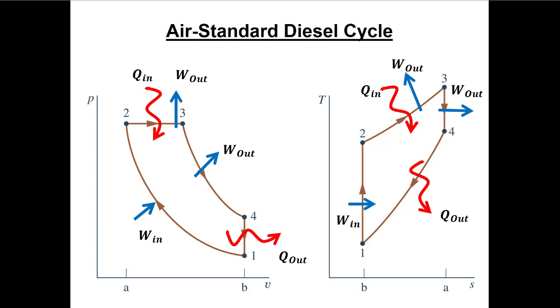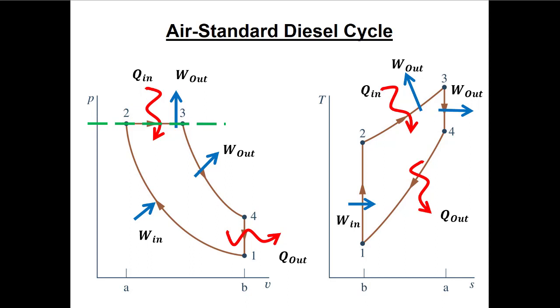So the difference here between the Otto cycle and the diesel cycle is what happens when we're adding heat. In this case, we're adding heat at constant pressure. Now, the interesting thing here too, right? Remember when we did the Otto cycle, there were only 2 volumes in the problem. There was the small volume and the big volume. But now there's 3 volumes.